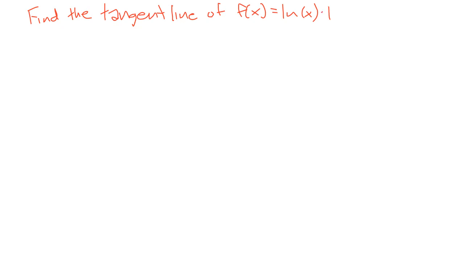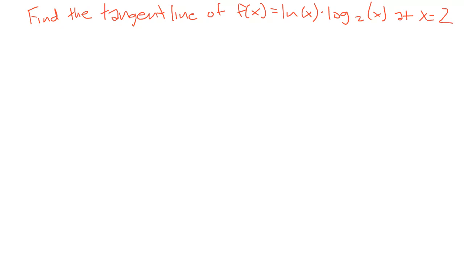So this time let's try a tangent line problem. This time we want to find the tangent line of f of x equals the natural log of x times log base 2 of x at x equals 2.